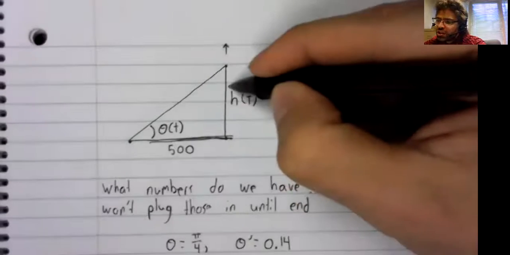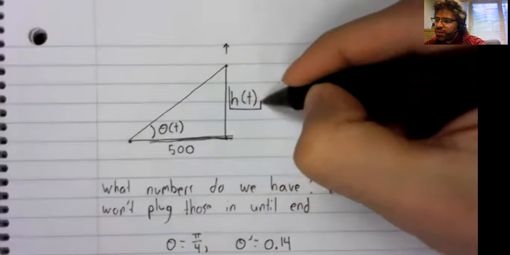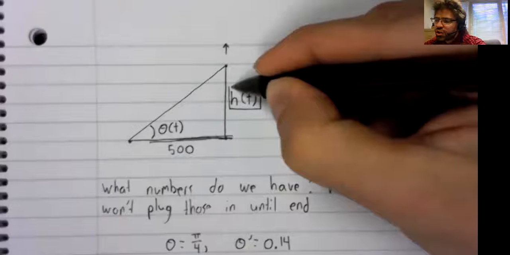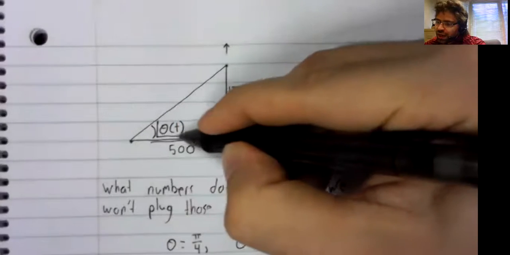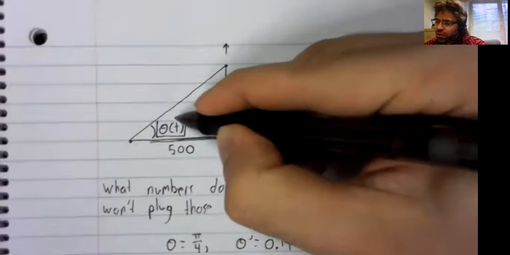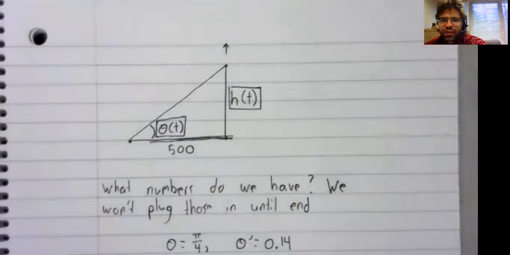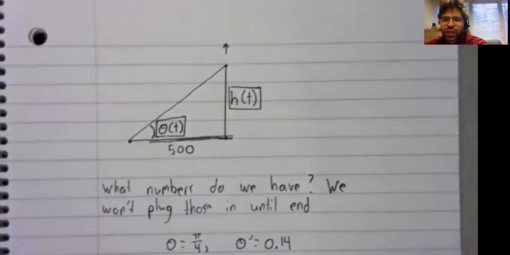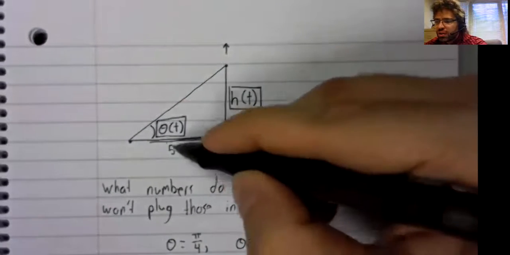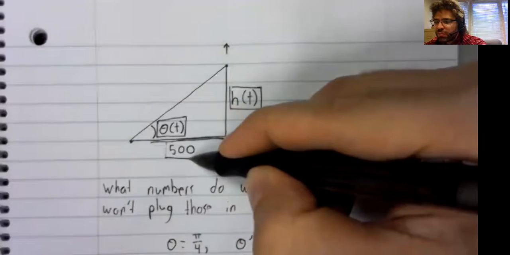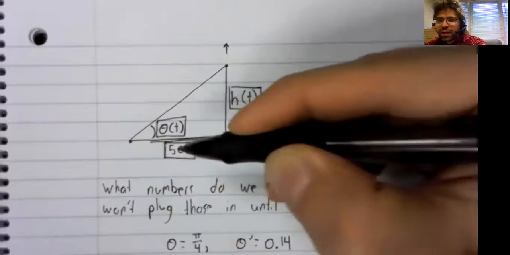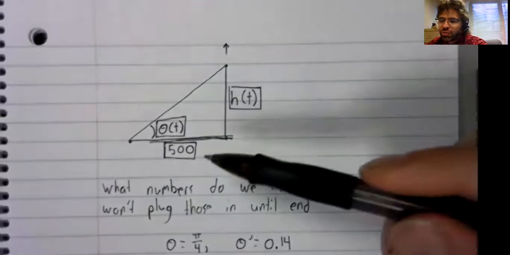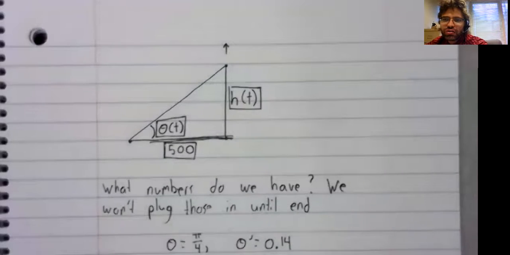Can we relate the height that we want information about to the angle that we have information about, especially bearing in mind that we also have information about this side of the triangle?